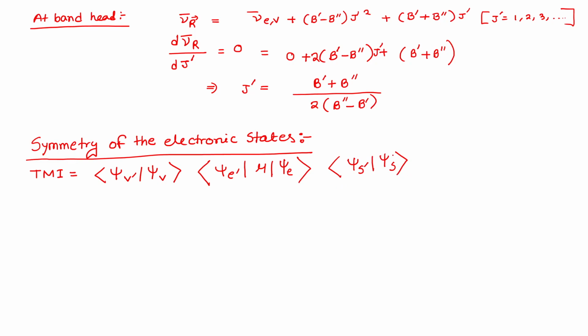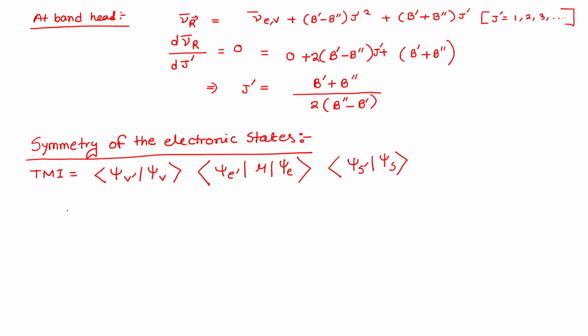Now when we are going to see a state, to determine a state we will require the molecular orbitals. The symmetry of a state can be generated from the symmetry of the product of the molecular orbitals they are in.